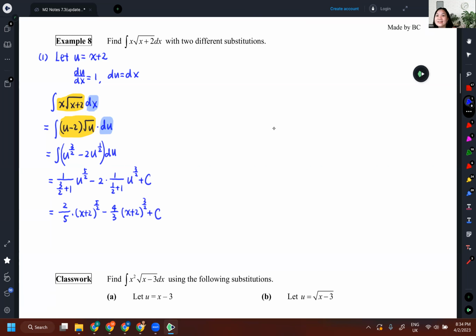Okay, and then you're done. Now this one is easy because I think u equal x plus 2 is very easy, because in that case, du equal dx.